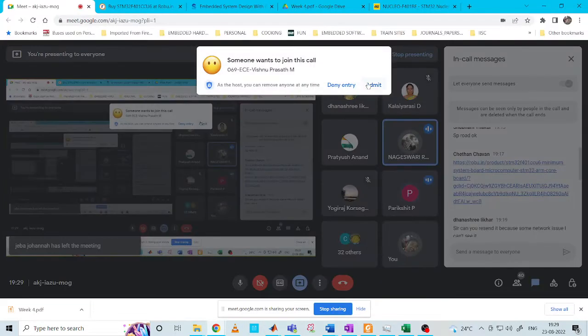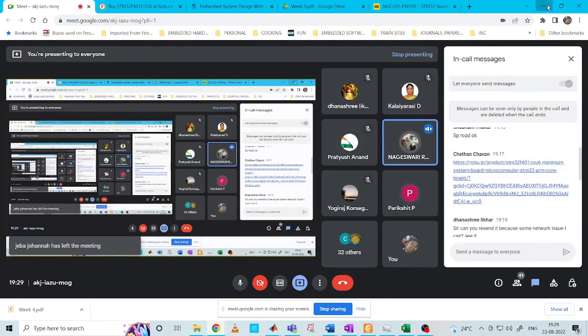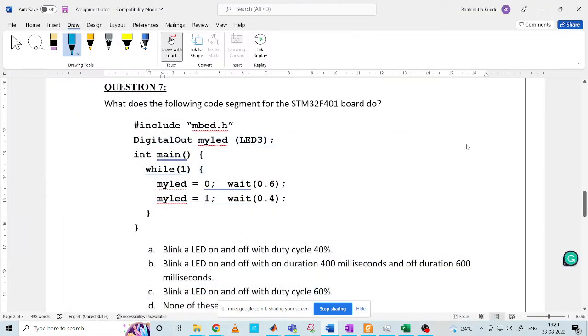Okay, but before that, I will ask you something. Why did you say option B? On duration 400 milliseconds, off duration 600 milliseconds. Okay, this one is okay. Someone is saying, why not option A?